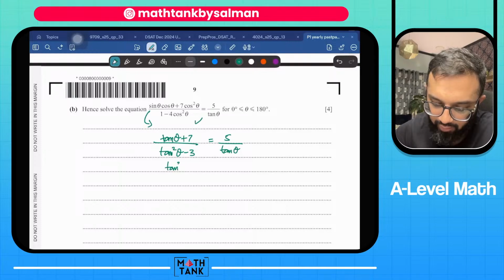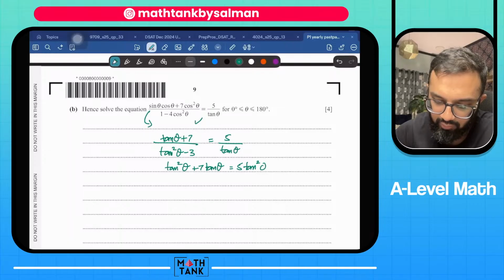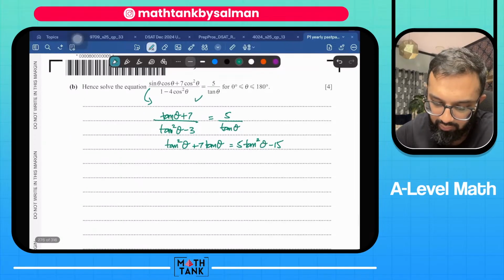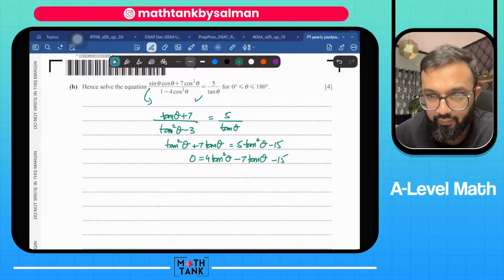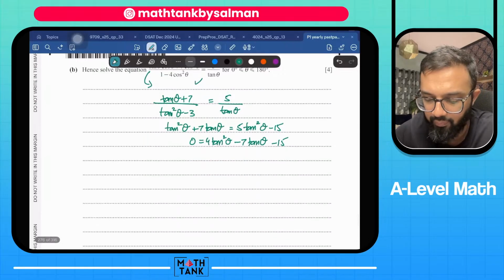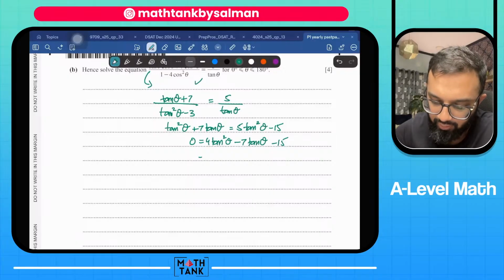So cross multiplying, 4 tan square theta minus 7 tan theta minus 15. Let's break the middle term.